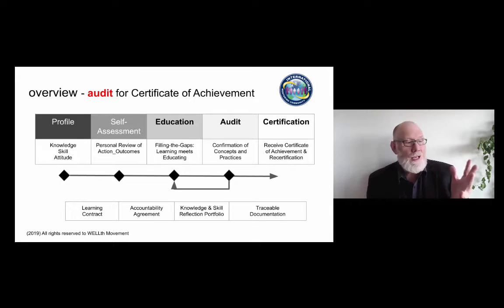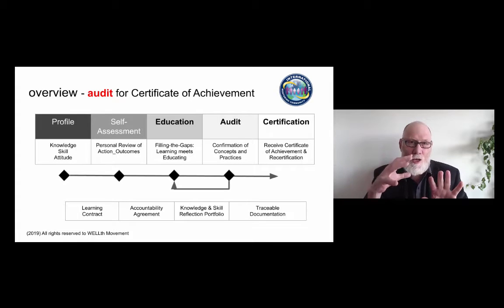The same 5 elements are with the Certificate of Achievement. The first is the profile, which is again the baseline, and it's nested inside the competence. So it's very similar to the competence with a slight variation on the way in which some of the action outcome statements are written, but it's very, very, very similar.